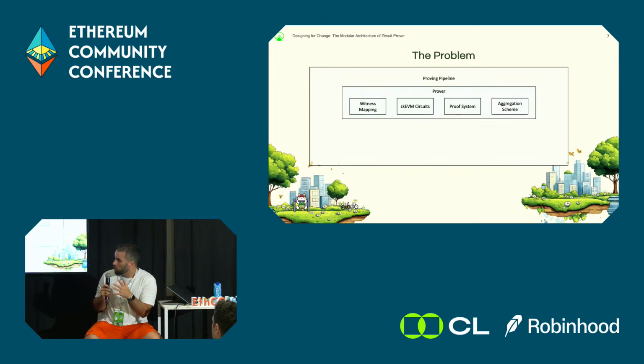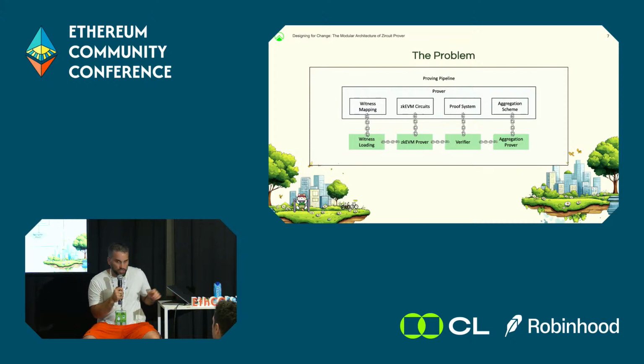It doesn't really matter who they are, but what I want to highlight is that these components are attached directly to the pipeline. For instance, witness mapping is attached to witness loading, the ZK EVM circuits to the ZK EVM provers, the proof system to the verifier, and the aggregation scheme to the aggregation prover.